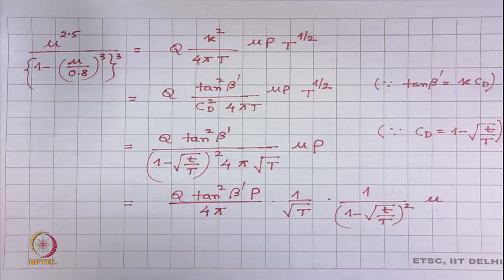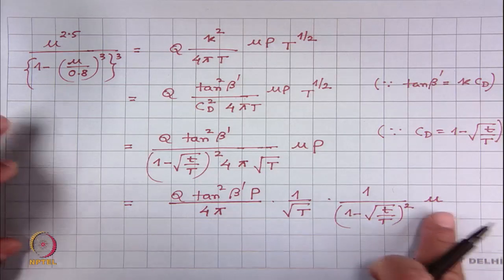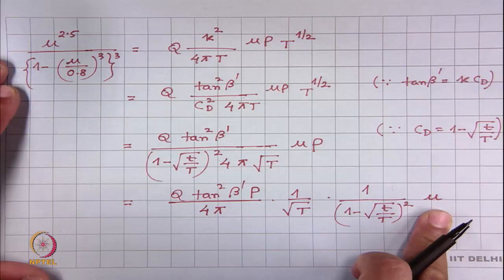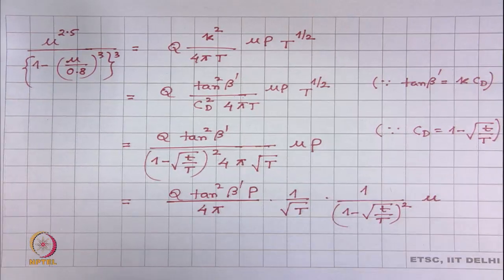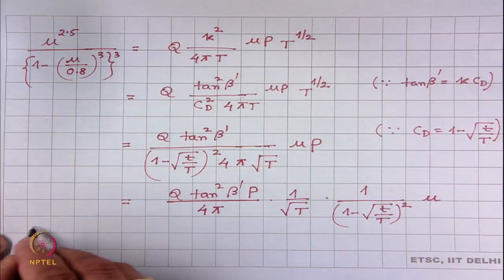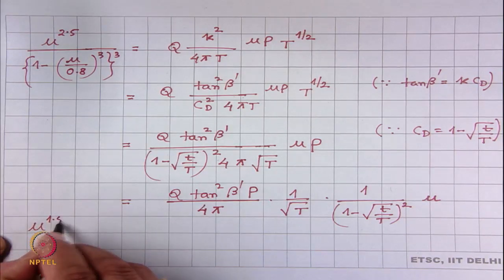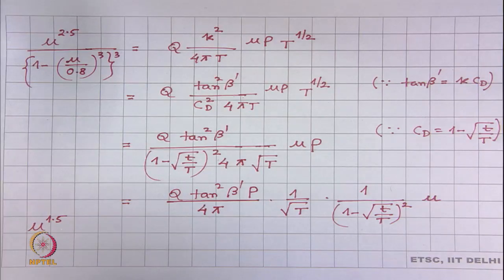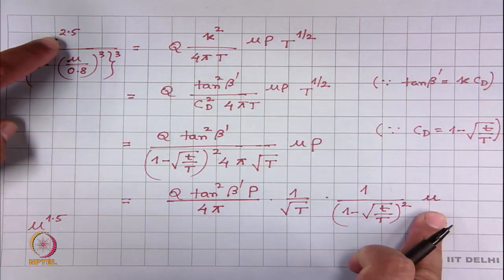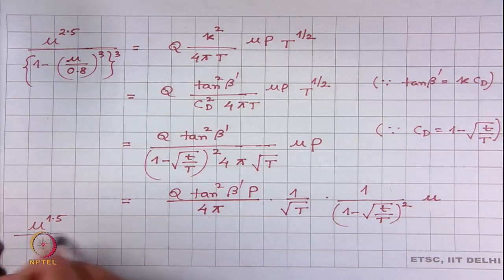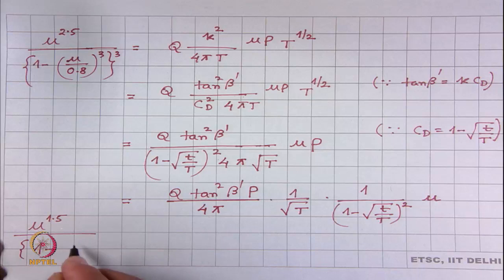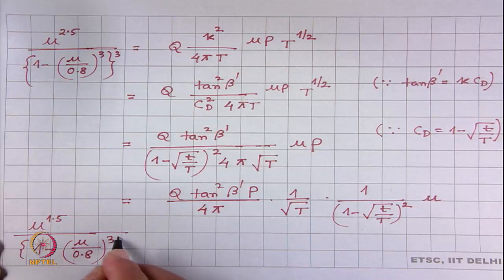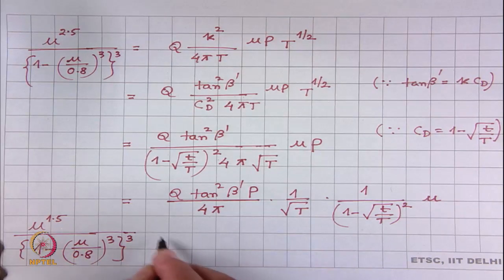Okay. So, this mu should come to the left hand side, then we will be obtaining an expression for mu. If it comes to the left hand side, then what we obtain is mu to the power 1.5, right, not 2.5, because 2.5 minus 1 is 1.5, 1 minus mu. So, this is your left hand side.